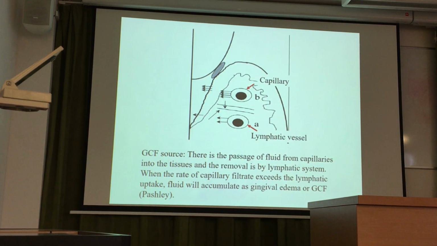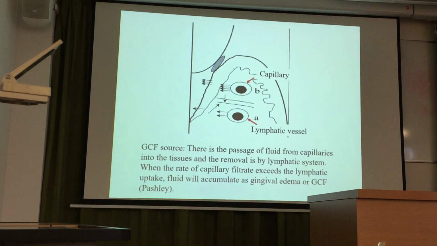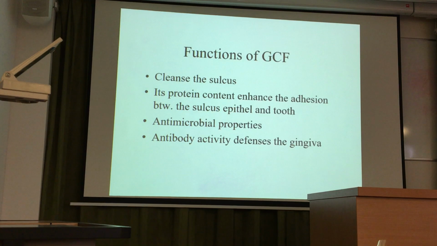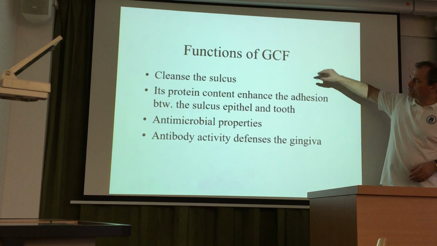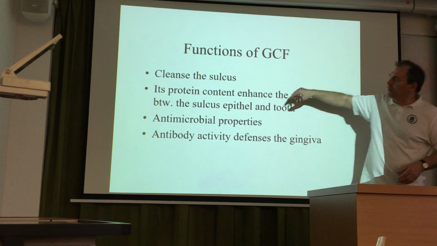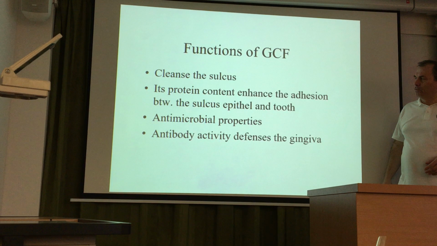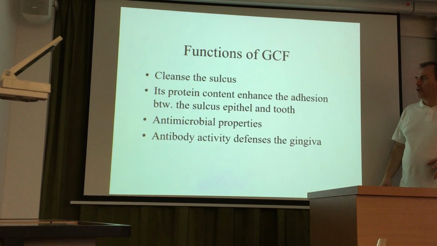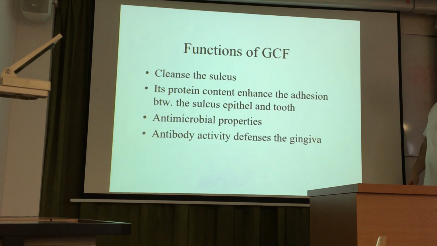And these exudates will not be transferred away by the lymphatic system, so the production is increased. And you can see here the functions of the GCF: cleansing of the sulcus, as I mentioned. So we wash away the bacteria and byproducts and other harmful substances.